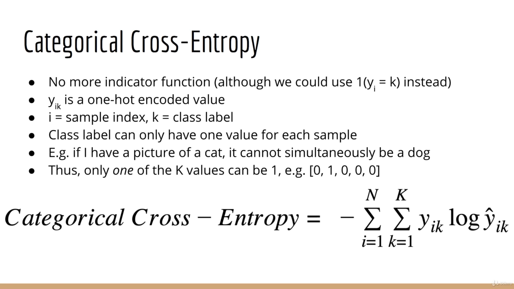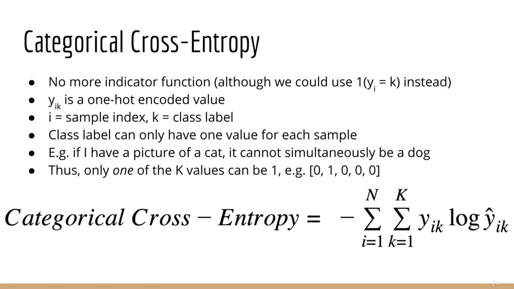y_ik is called a one-hot encoded value because it can only take on the values 1 or 0, where each row can only have one 1. Remember that i represents the sample index and k represents the class label. The class label can only be 1 value for each sample. So for instance, if I roll a die, I can only get 1 number. It must be 6 or 5 or 4 or 3.